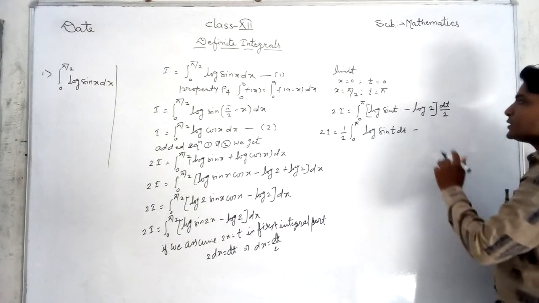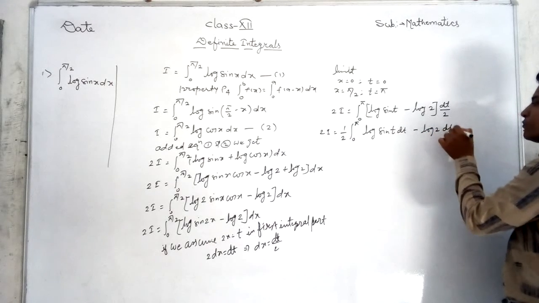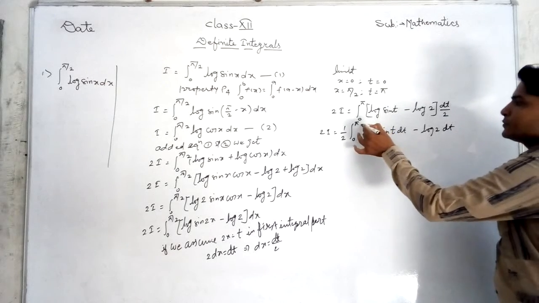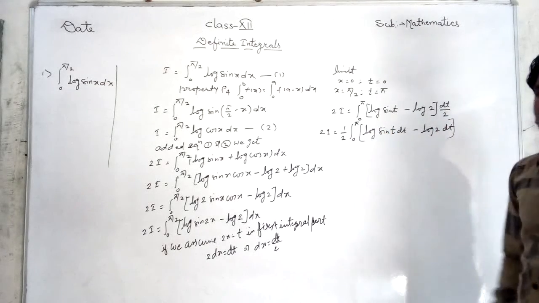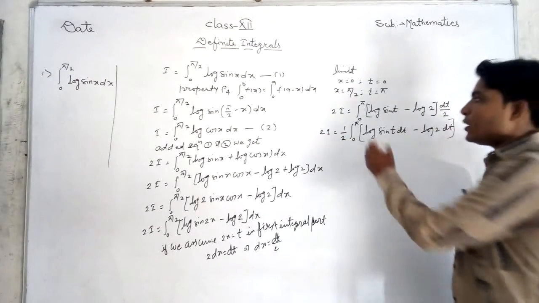Now the limit is pi, so applying property P6, the integral from 0 to 2a of f(x) dx is converted into 2 times the integral from 0 to a of f(x) dx.